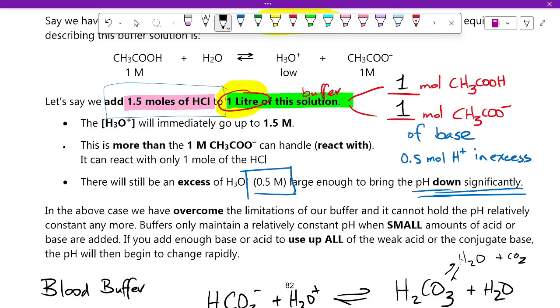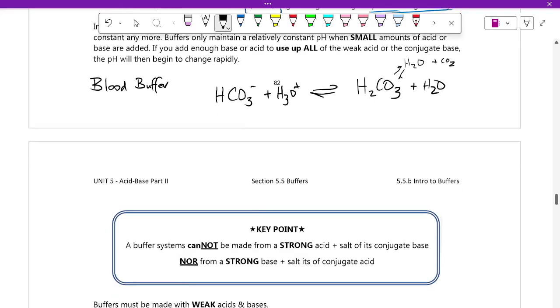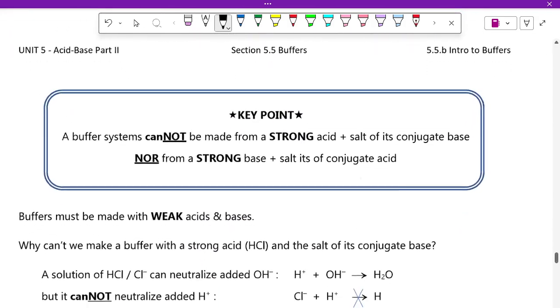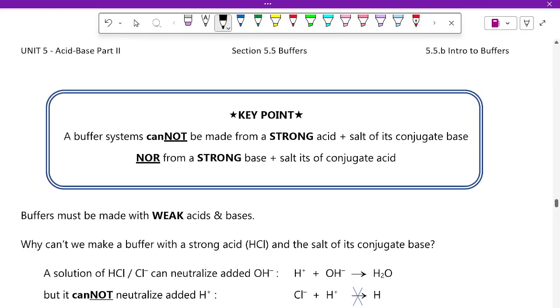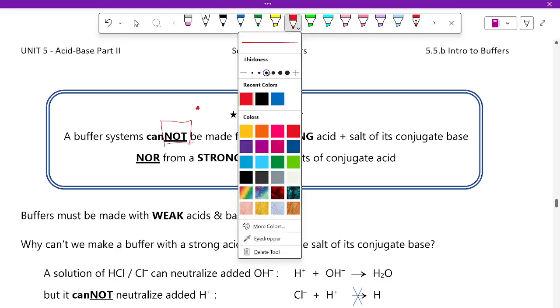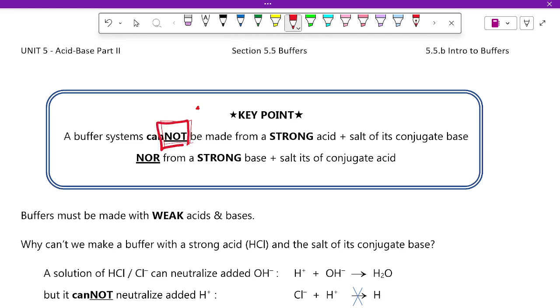But if you were to inject your blood with a whole bunch of sulfuric acid, a strong acid, would your blood be able to deal with that? No. Buffer systems cannot, here's another one, be made from a strong acid, nor from a strong base and the salt of its conjugate base, or vice versa, rather.